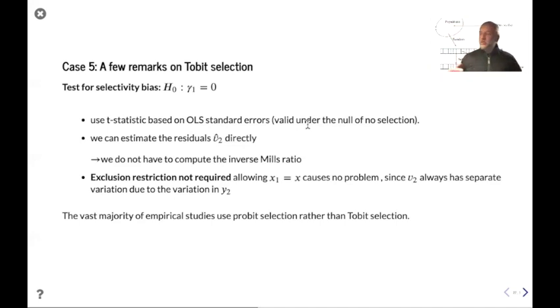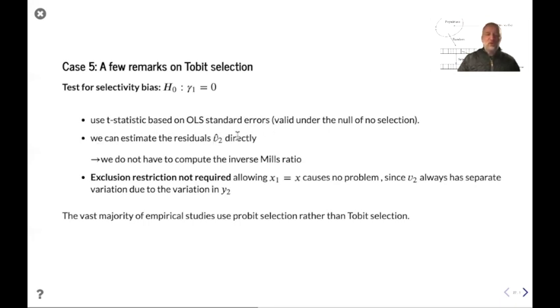Again, we have a potential generated regressor problem, but that is only a problem under the alternative. If you want to test the hypothesis that gamma is equal to 0, you need to derive the distribution of the test statistic under that hypothesis, and then these test statistics are standard normally distributed using the standard OLS standard errors.